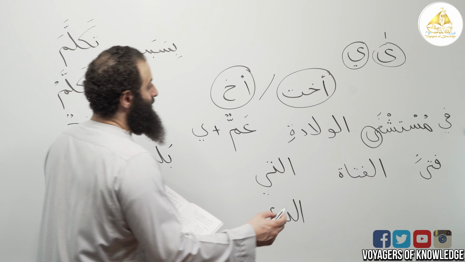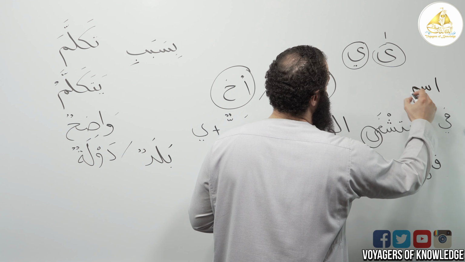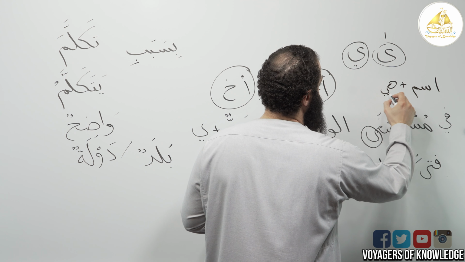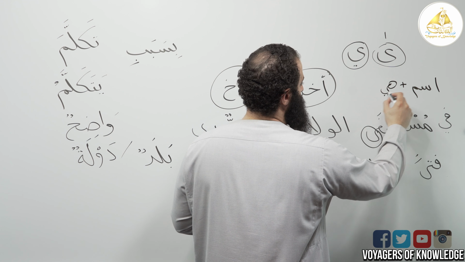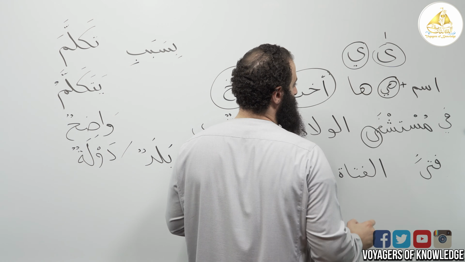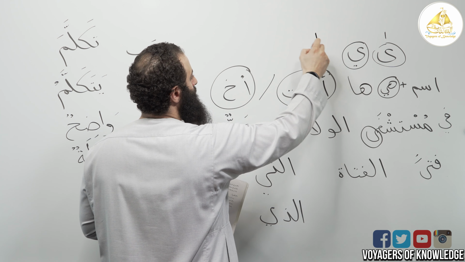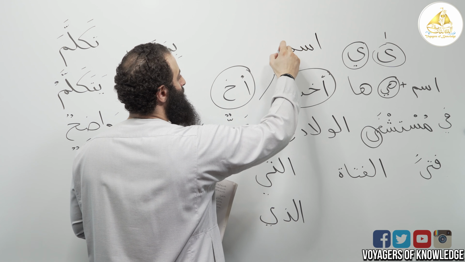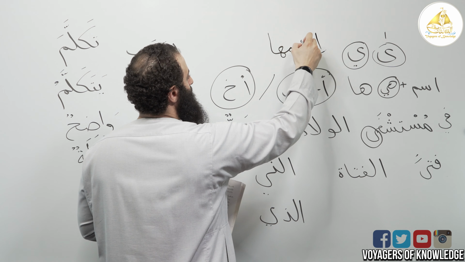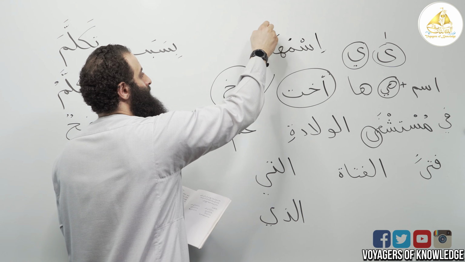You know about adding ismu plus hiya, right? It's going to be mudafun ilay, so you're going to need this version of it. Ismuha. And when you combine them, it will look like this. Ismuha. Well, this fathah is there. This is a sukoon.